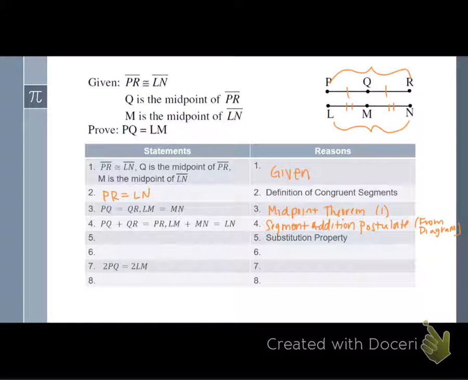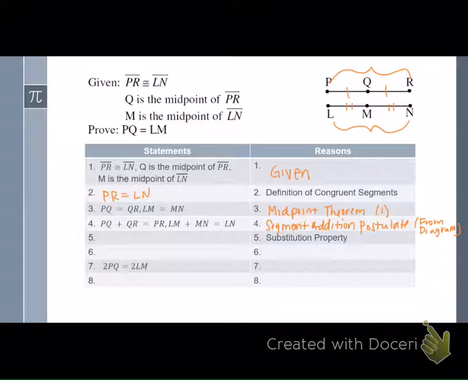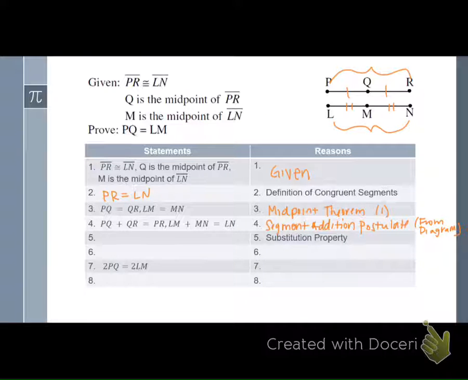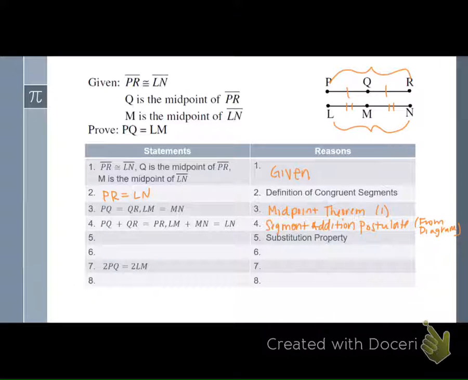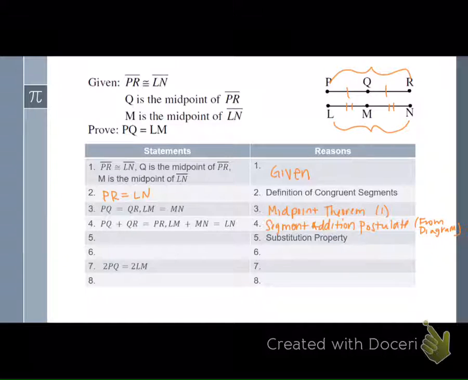Okay, so now they're using the substitution property. So we're trying to get that PQ and LM are the same. So we need to get to that point there. So we're trying to get to PQ is the same thing as LM.